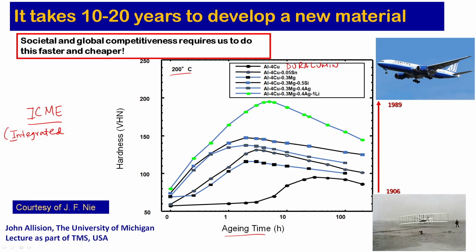I stands for integrated, C stands for computational, M stands for materials, and E stands for engineering. That is ICME. It is a new branch, and it will change the global perspective.